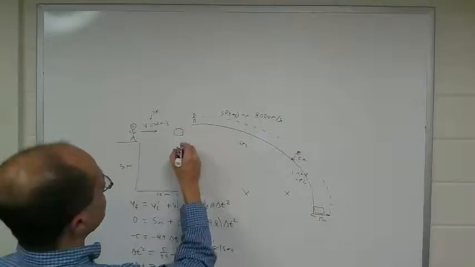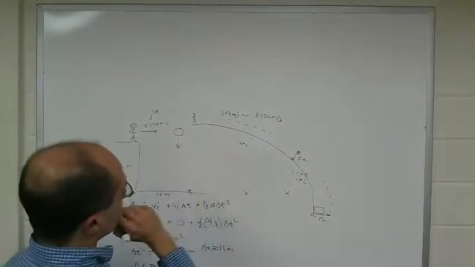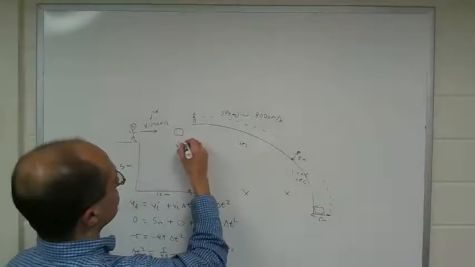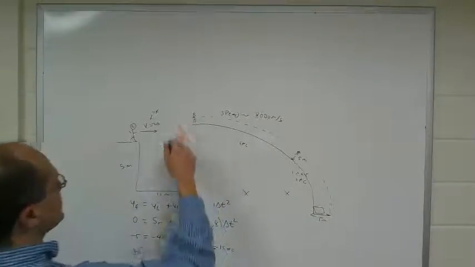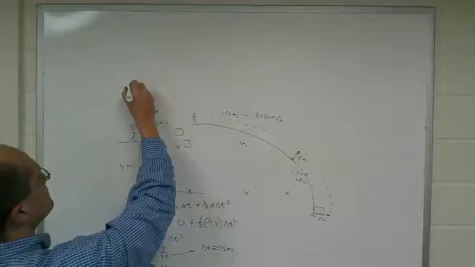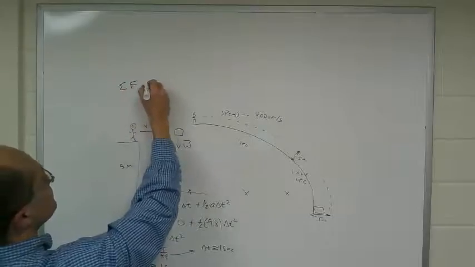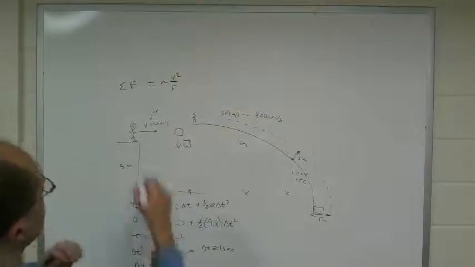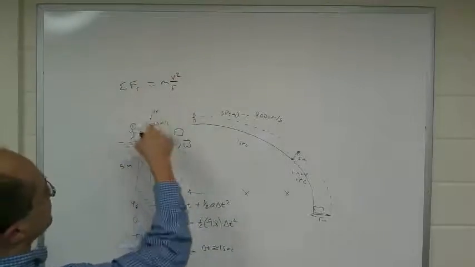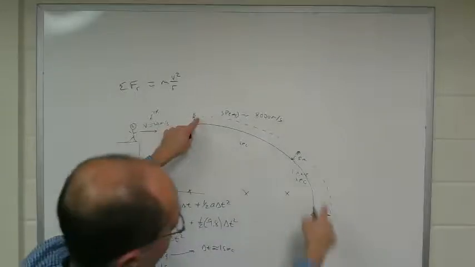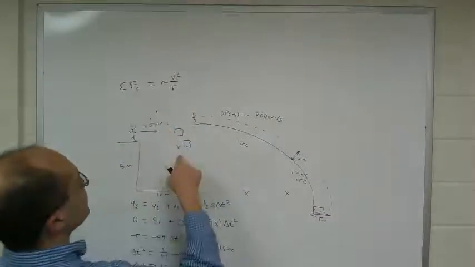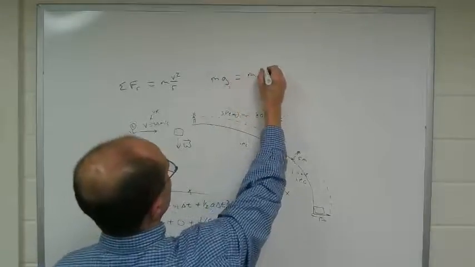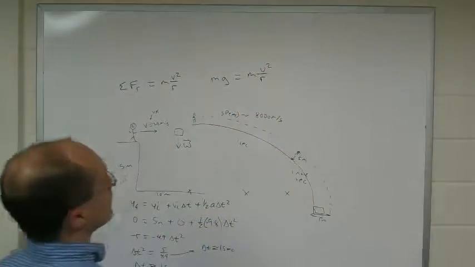Once it's out here moving, the only force acting on it is the weight. And so when we sum towards the center, we see the sum of our forces is equal to mv squared over r, right? Because we're summing in the radial direction, because now we're following a curved path. The only force is the weight, so we see that mg equals mv squared over r.